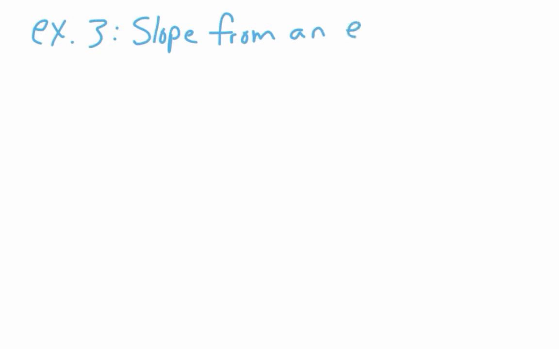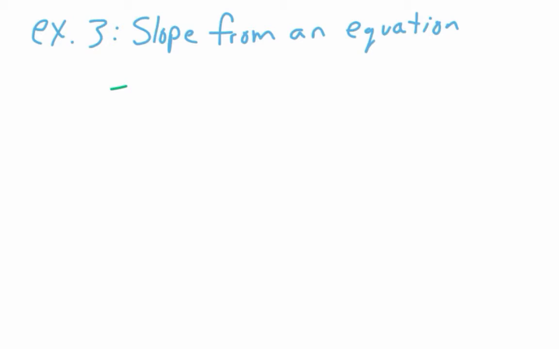So example 3 is finding the slope from an equation, or finding the slope given an equation. For that, we know how to get the slope from 2 points, right?